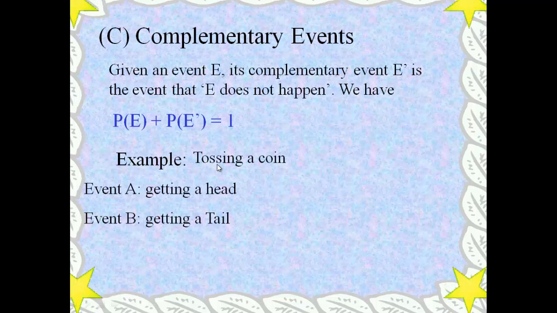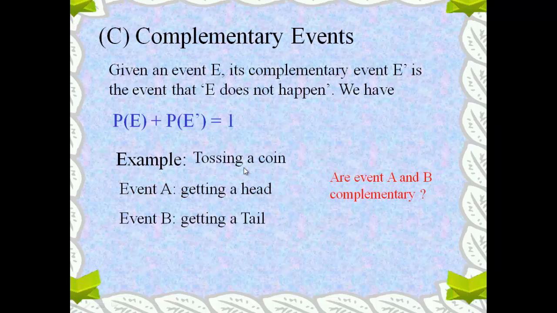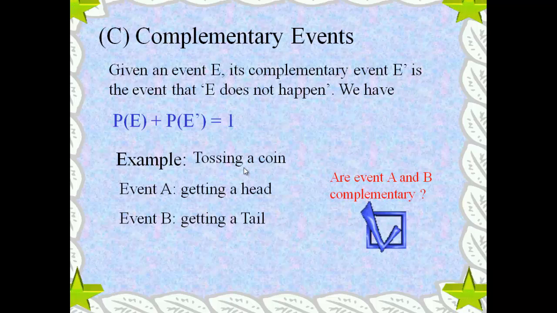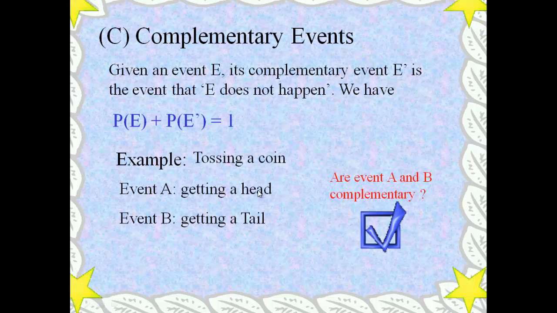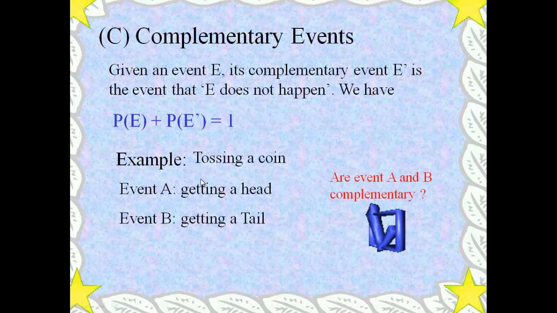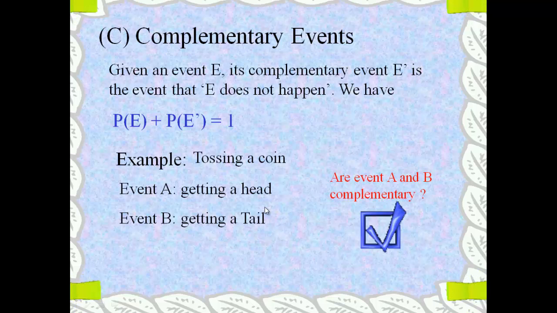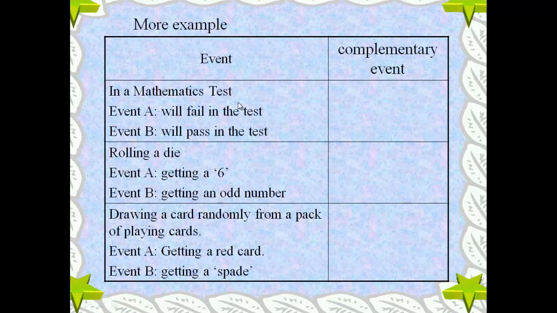So if you toss a coin, the probability of getting a head plus the probability of getting a tail are an example of two complementary events, because if you get a tail, it means it's the same as not getting a head. There's only 2 options. So probability of 1.